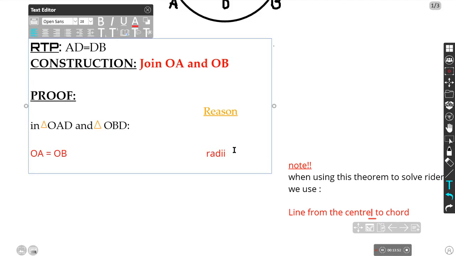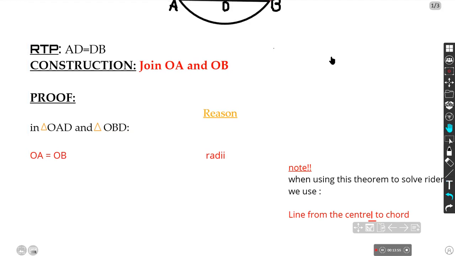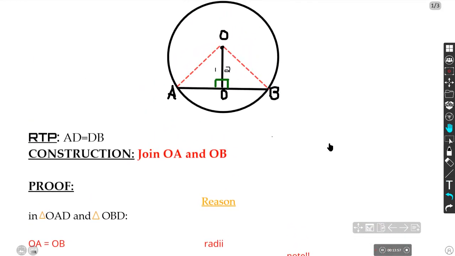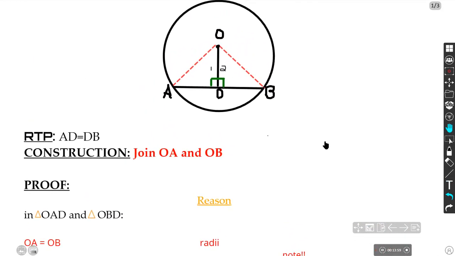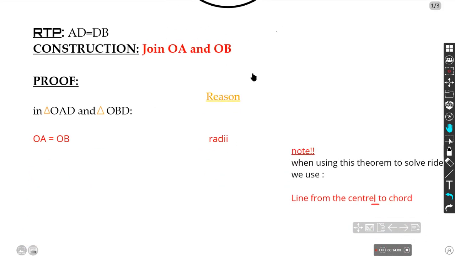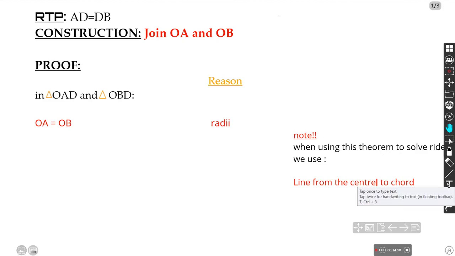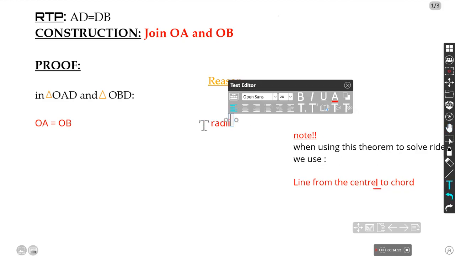And then now let us look back at our diagram. What else do you see there, right? Can you see that OD is our what? OD is our common side, right? So OD is our common side.